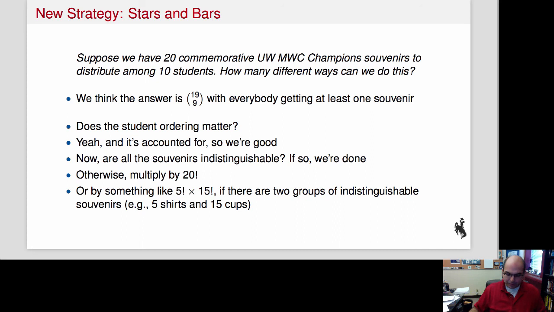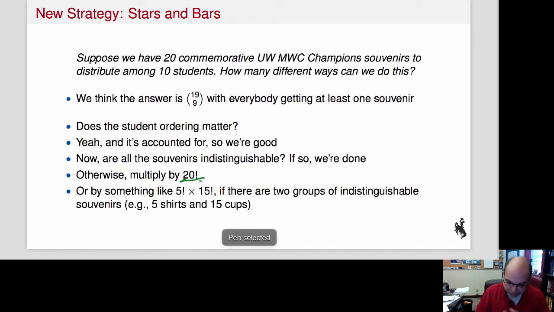Well, then what we're going to need to do is multiply by the possible ways of reordering the gifts. So let's say that we start out and there's 20 totally different gifts. I could say the first student gets 3 of them. Which 3? Then I need to consider all ways of ordering those 20 different things, and that's why I would multiply by 20 factorial.